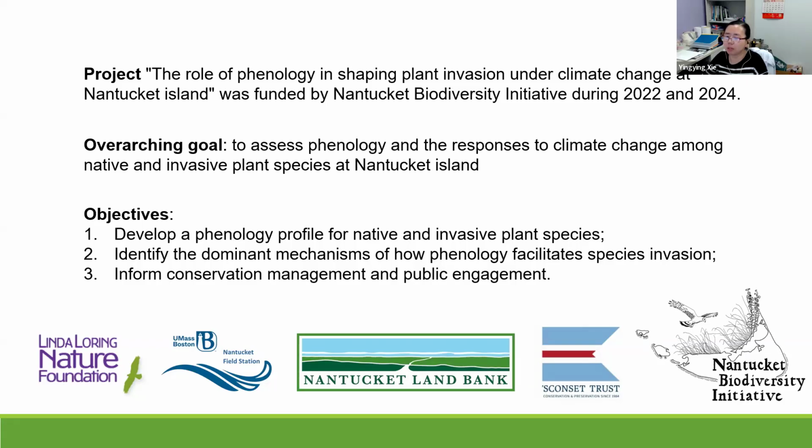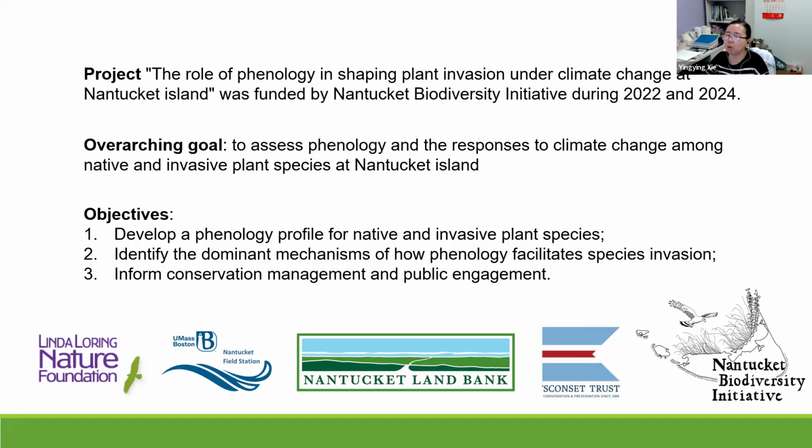We also want to identify the dominant mechanism for the phenology advantage for invasion, based on the four hypotheses, which might be true for our region and our community, so we can set specific targets when we manage those lands and invasive species.